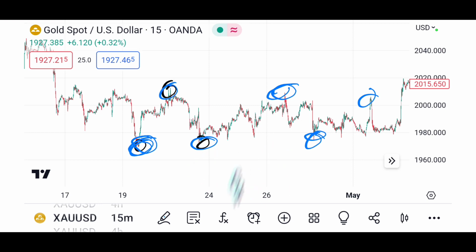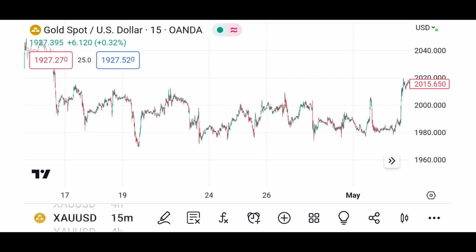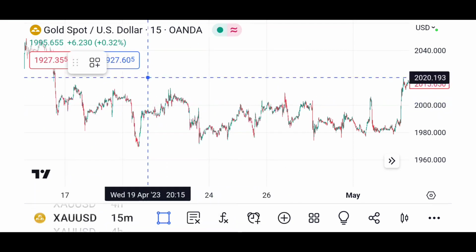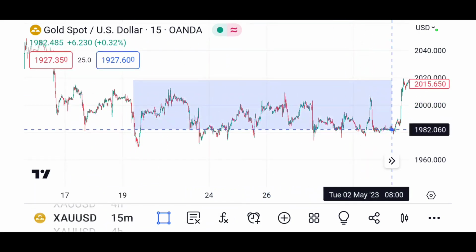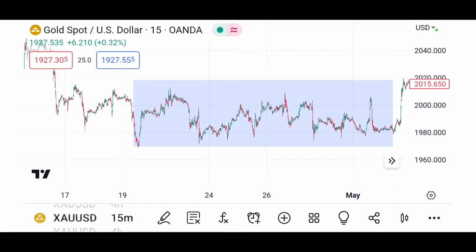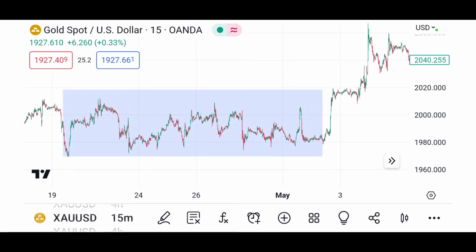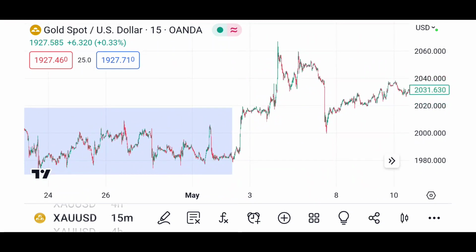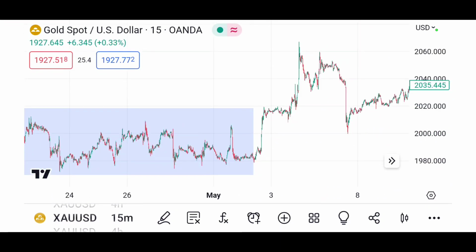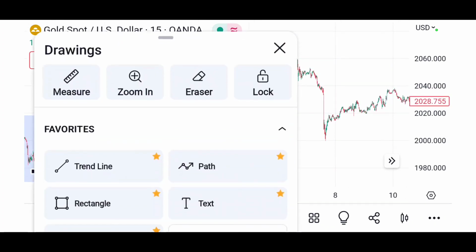So we can say that at this point, the market is consolidating. So we can just show this with a box here. Okay, so we can say that this market is consolidating at this very point. All right. Okay. And then once it broke out of the consolidation, you can now see a clear uptrend once again.